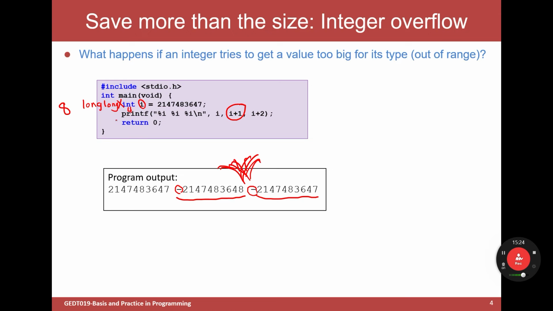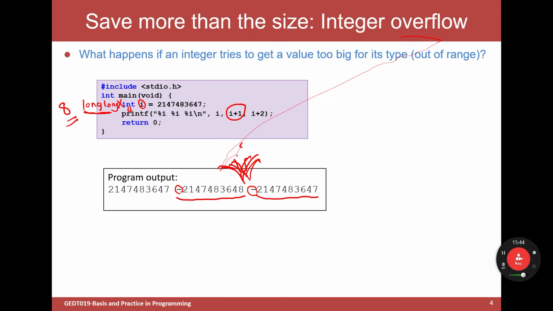So in this case, we can use 8 bytes to save our data. If we believe that our variable will save a big value, we must change the data type to the correct data type so there will be no overflow.